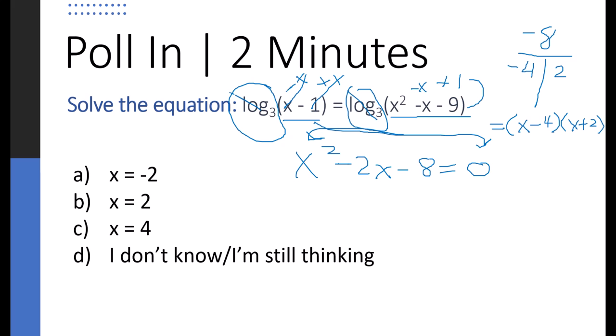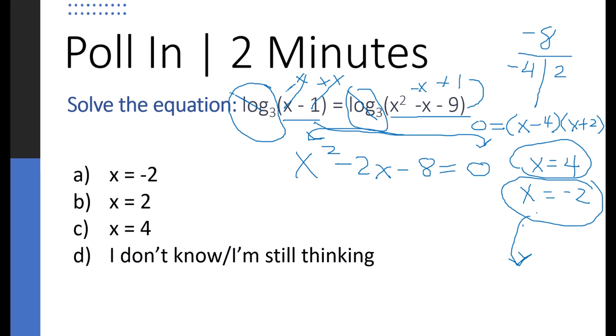And set each of those factors equal to 0, and you would get x equals 4 and x equals negative 2. Now remember, we have to toss out the negative solutions because those will not give us a real answer. So our only solution is x equals 4.